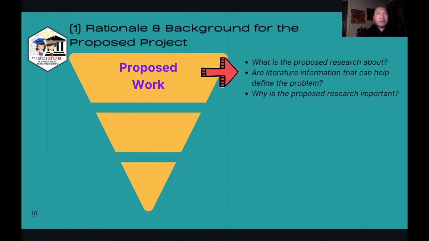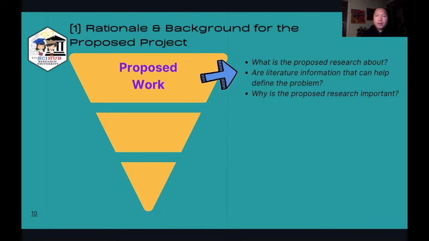Typically the first paragraph begins the rationale and the background for the study by speaking more broadly about the proposed idea, because in the overview earlier, you only had 2 sentences for this. So you can dedicate a paragraph that answers the question, what the proposed research is about.